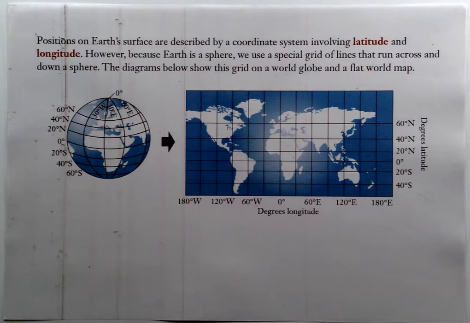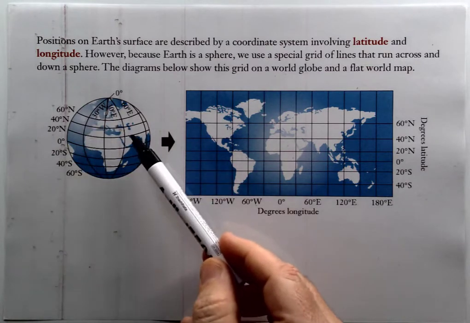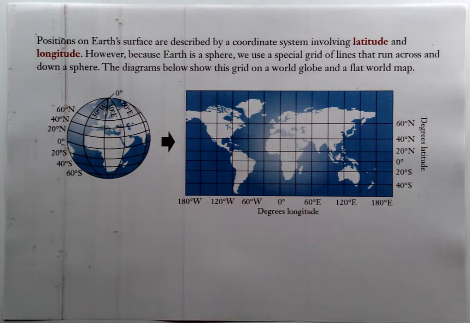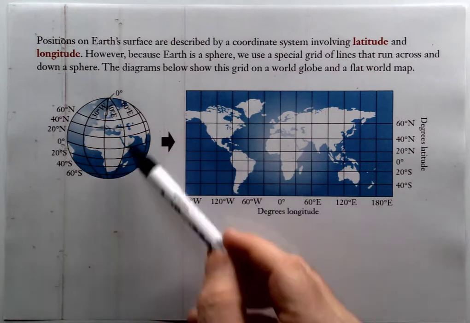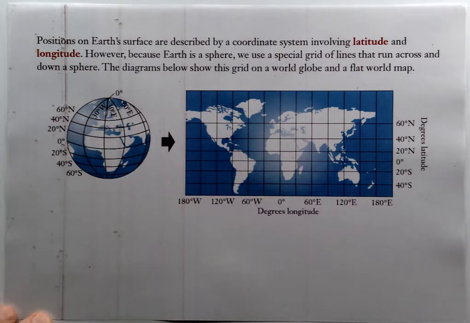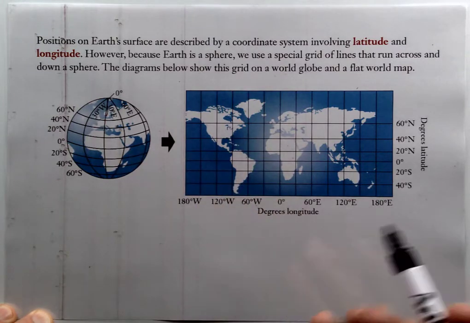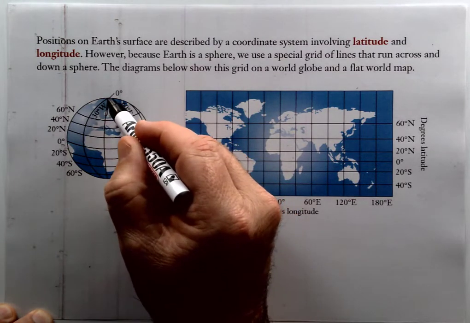Okay, when we come to try and find a position somewhere on the Earth, because it's a sphere, we've got a bit of a problem. How do we create a two-dimensional grid and somehow wrap it around a globe? Well, what we start with, and we'll explain this more later, is two lines.